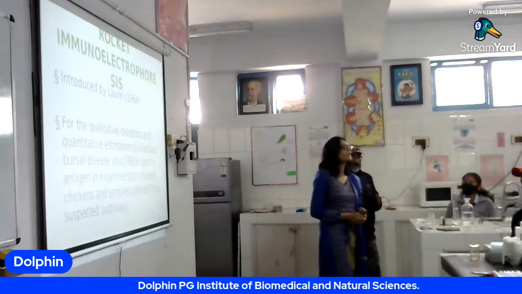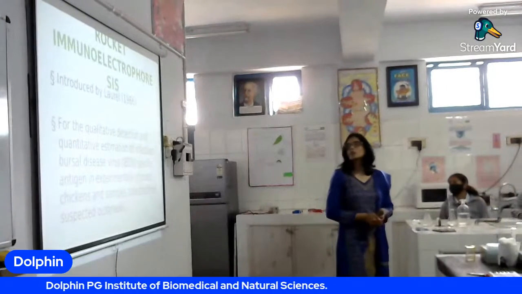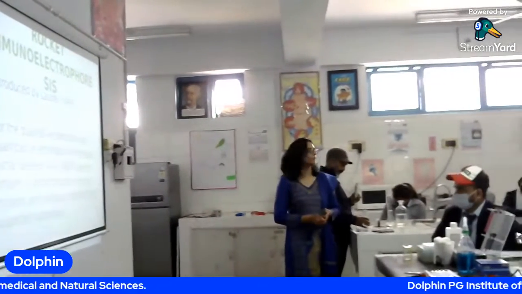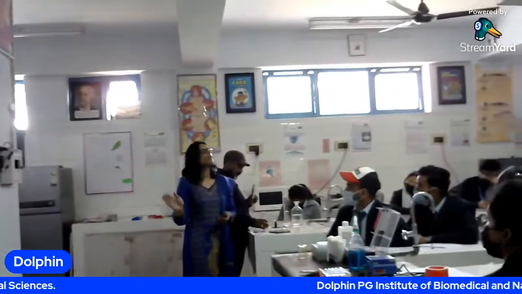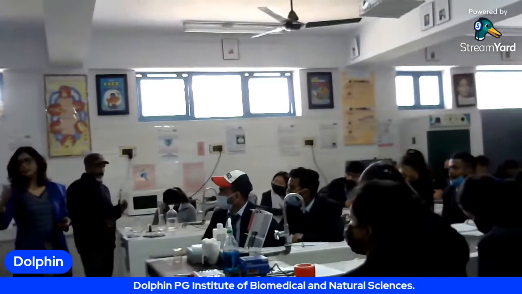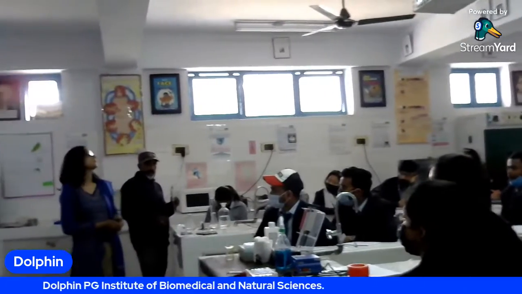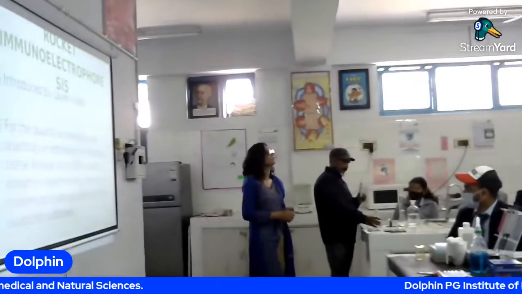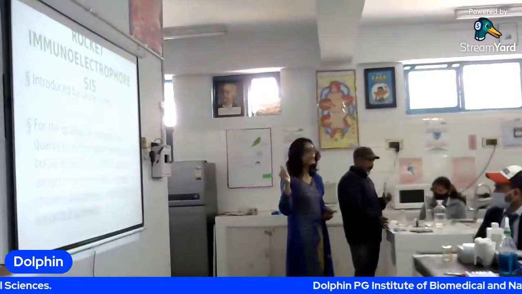This virus was infecting the chicken. So he took the samples from the experimentally infected chicken. लैब में उसने चिकन को इन्फेक्ट किया और उनके सीरम सैंपल्स लिए, और साथ में उसने कुछ ऐसे सैंपल्स भी लिए जो कि आउटब्रेक से लिए गए थे. जब इस वायरल डिजीज का आउटब्रेक हो रहा था तो वहां से भी सैंपल लिए.